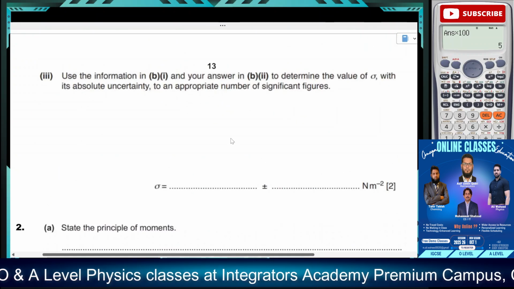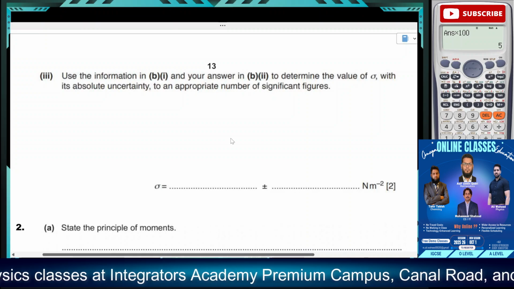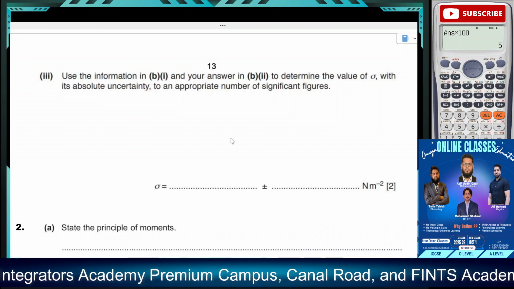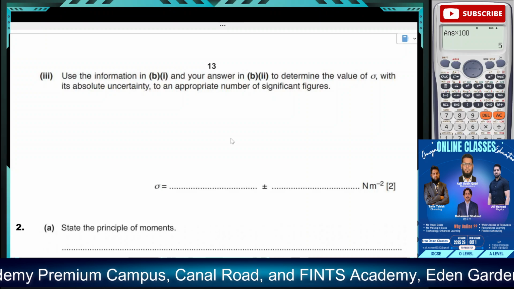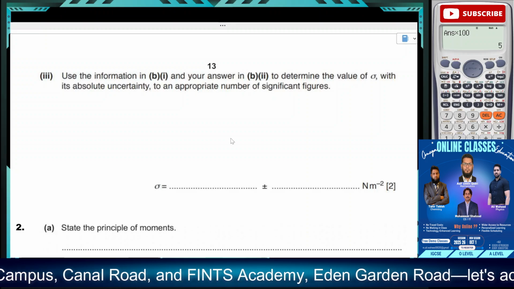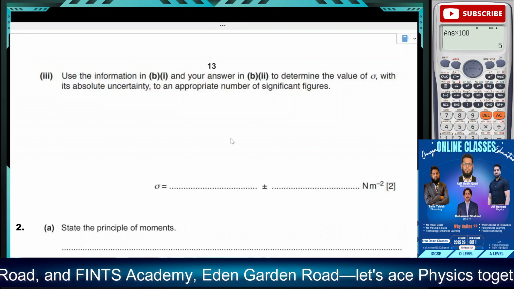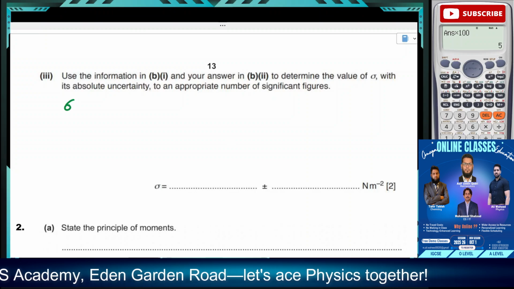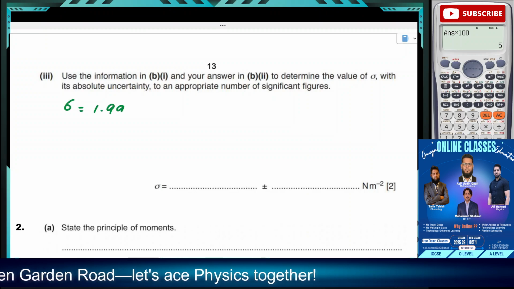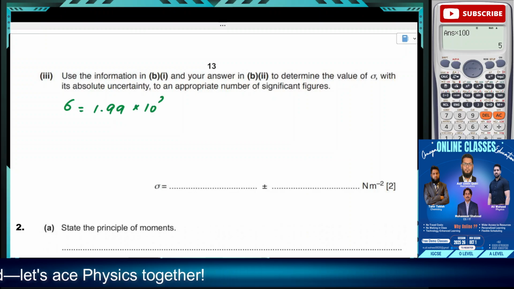Therefore, the last one: use the information and your answer to determine the value of sigma with its absolute uncertainty to appropriate number of significant figures. So the value of sigma was 1.99, if I recall, into 10 to the power 8 Newton per meter square. The percentage uncertainty in sigma was 12%.